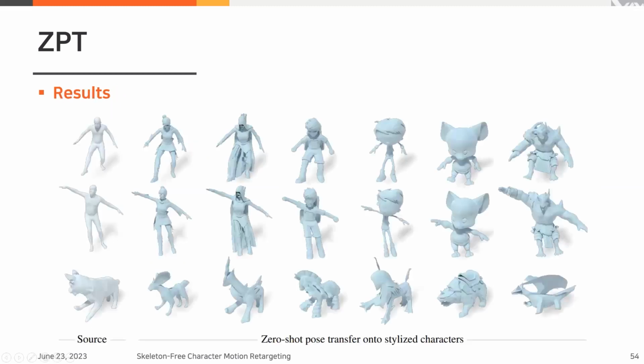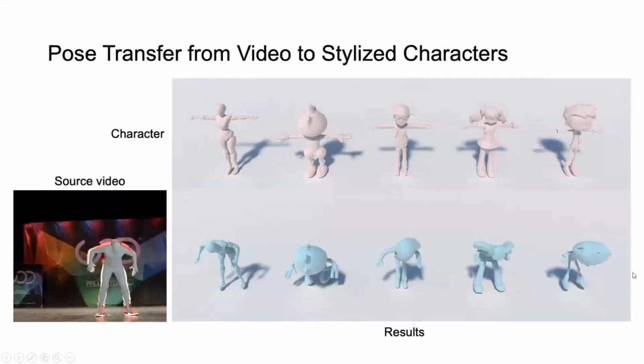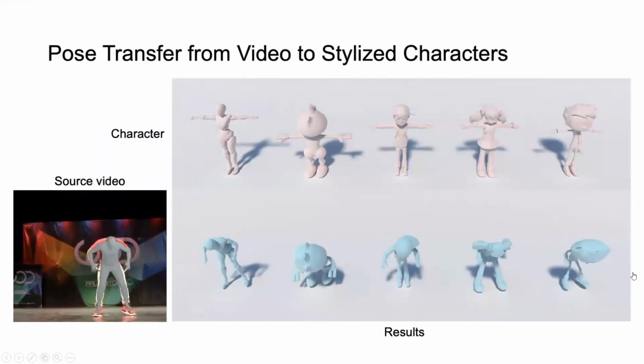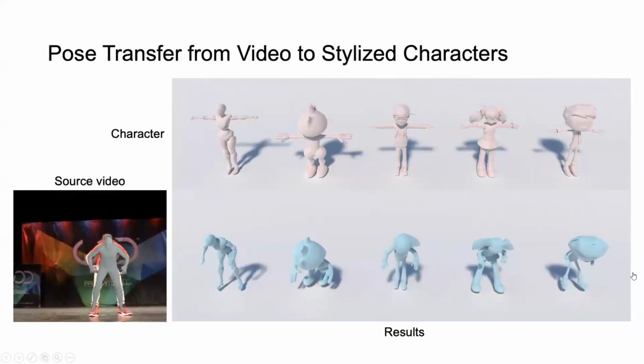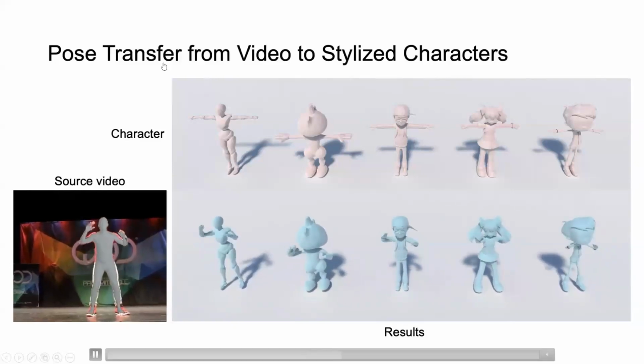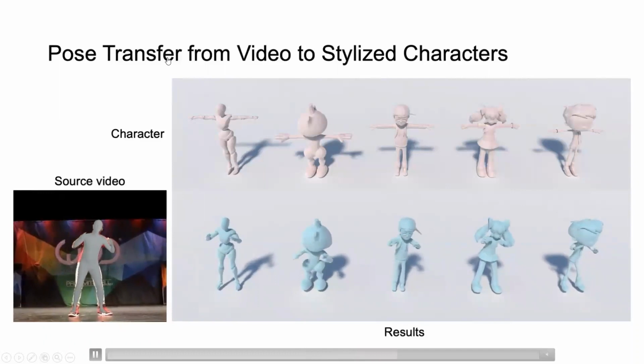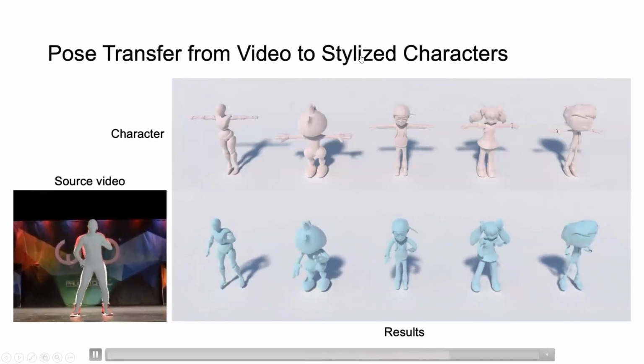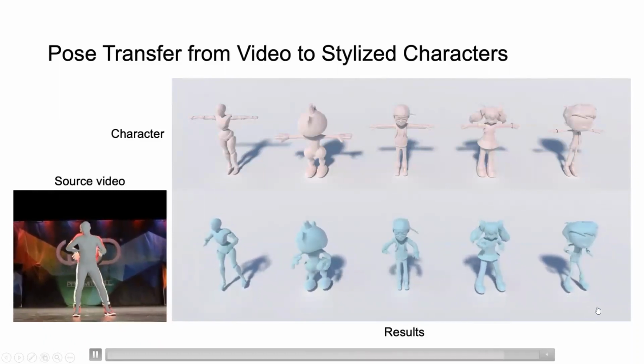So the result is as follows. They can handle the various stylized characters in a generalized manner, like this. And with the benefit of the VPoser latent space, they can transfer poses from video to stylized characters like this.